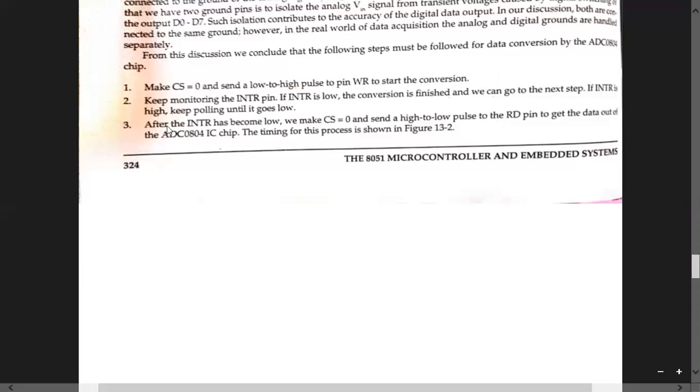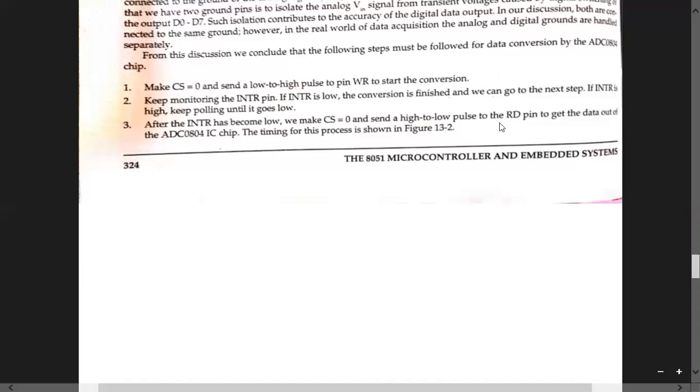Then the third thing: when the interrupt has become low, we have to again make CS is equal to 0 and send a high to low pulse to RD. High to low pulse in the sense we need to give a command RD is equal to 0.